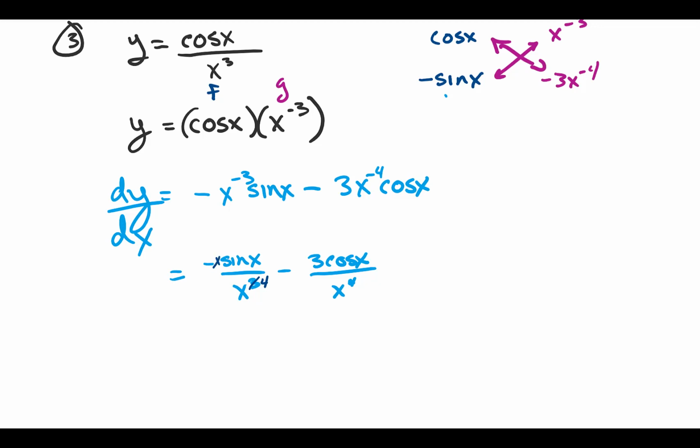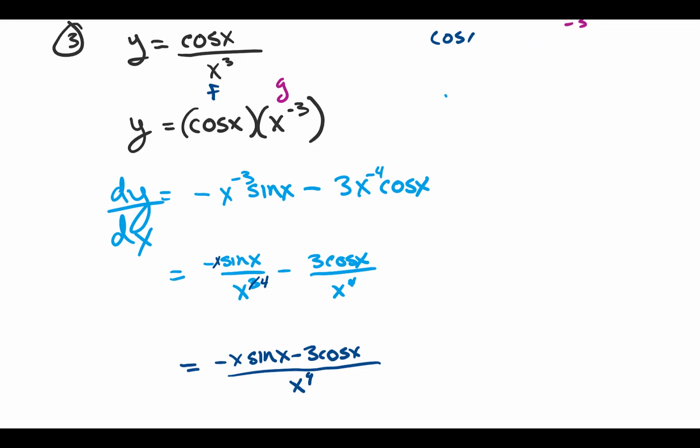Now we're ready to rock. We put this stuff together, and I think we're going to get negative x sine x minus 3 cosine of x over x to the fourth. Shoot, I don't know if that's the same thing. Can I check it? I don't want to have to run the whole thing through.